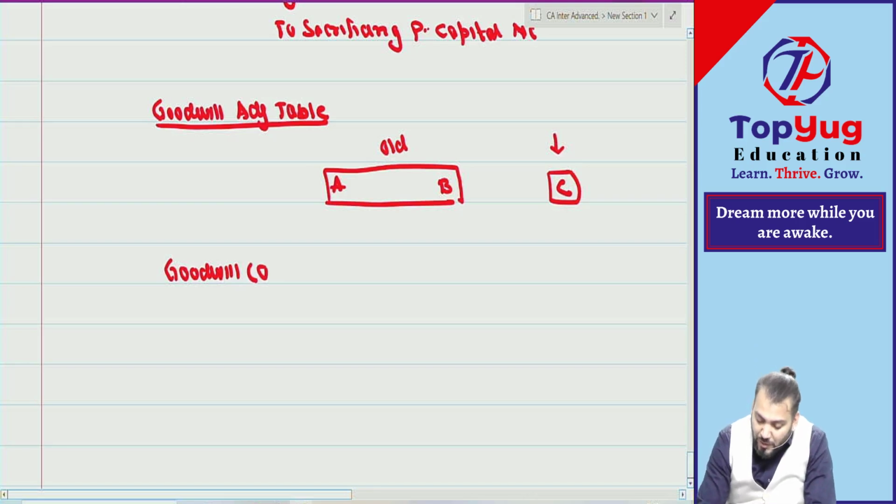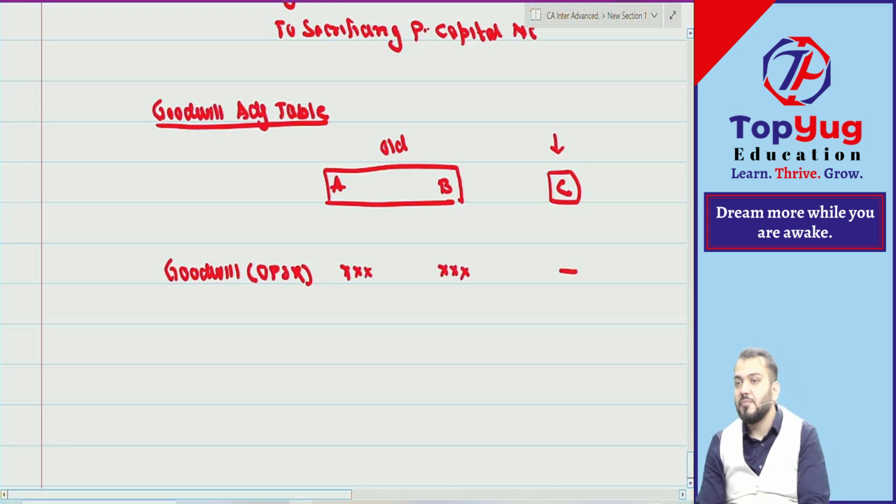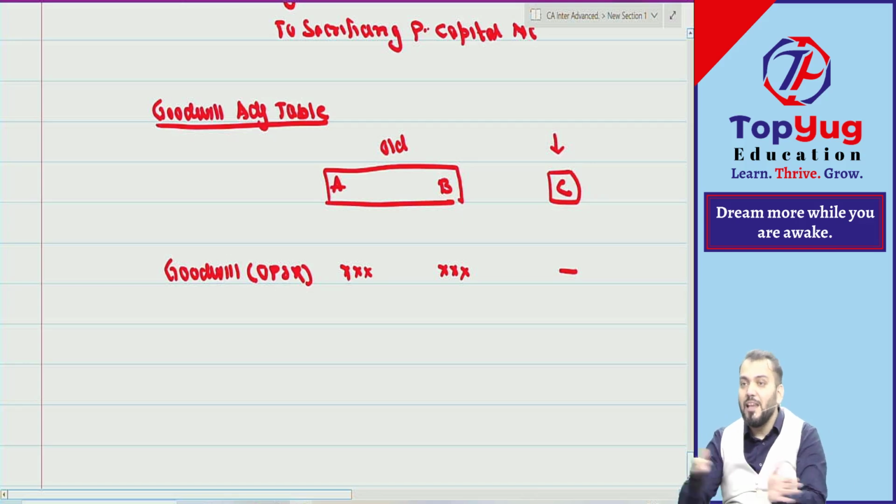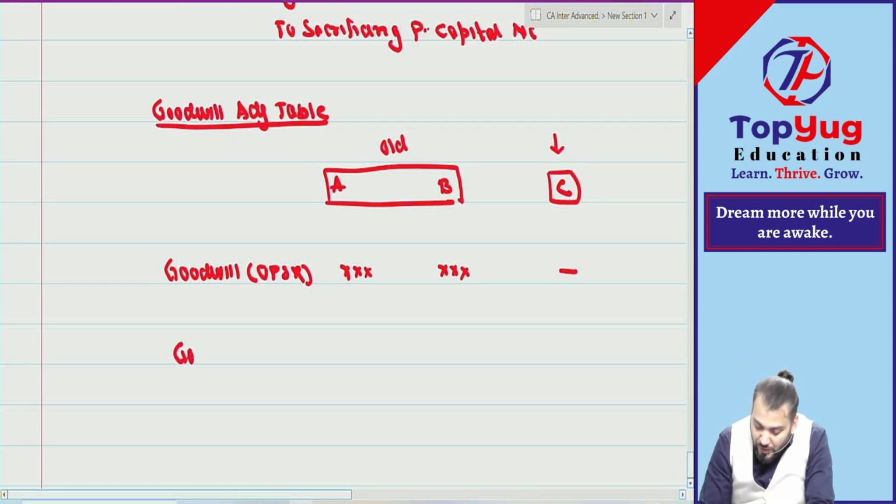Means in retirement, old partners will be different. So first goodwill will be allocated to old partner in OPSR. Then goodwill will be allocated to what? New partner in new PSR.